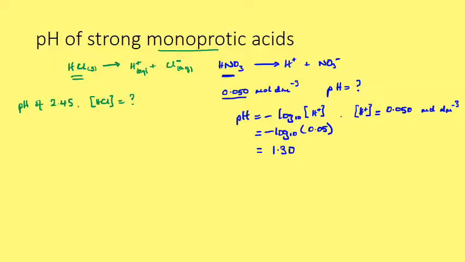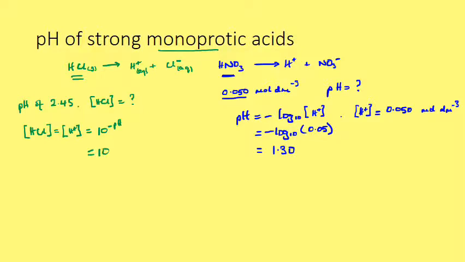So we're going to write down that the concentration of hydrochloric acid, in the same way as in the blue example, is the same as the hydrogen ion concentration because of the one-to-one relationship with monoprotic strong acids. And so that is going to be 10 to the minus pH using the inverse equation.